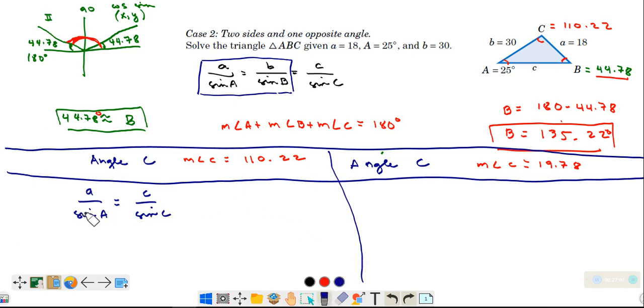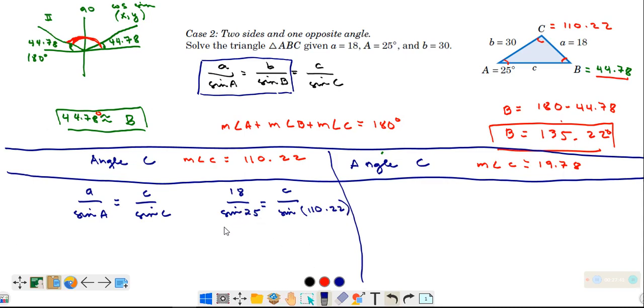We have A. Ang A natin ay 18. Ang sine angle natin ay sine 25. Tapos ang C natin ay unknown, pero ang sine C natin ay sine 110.22, di ba?